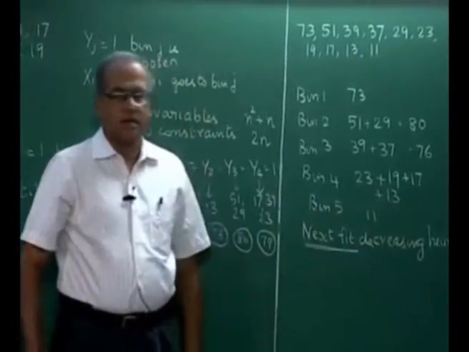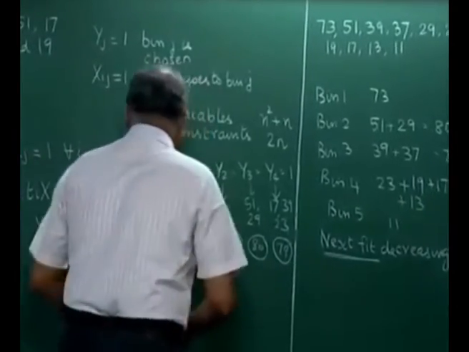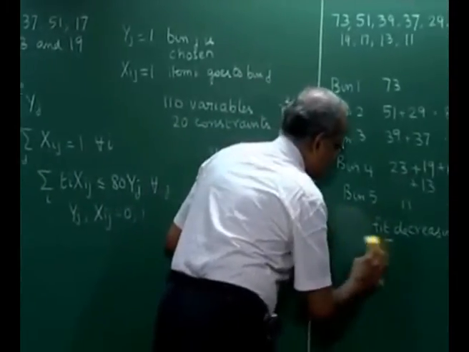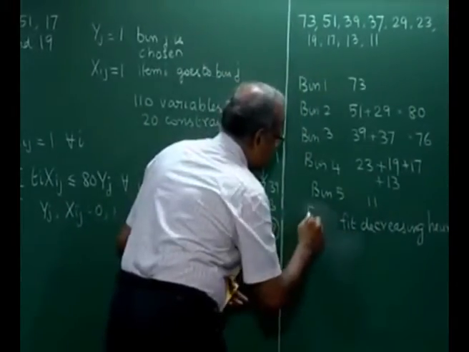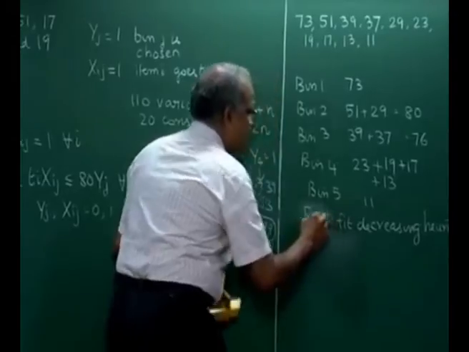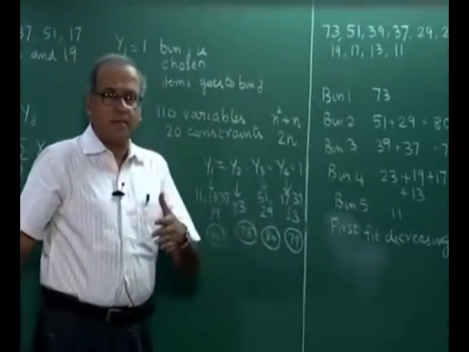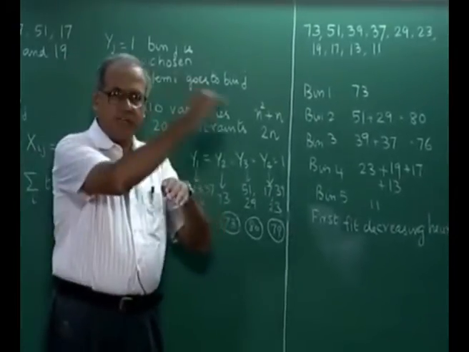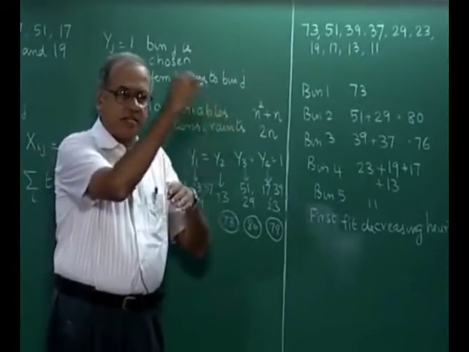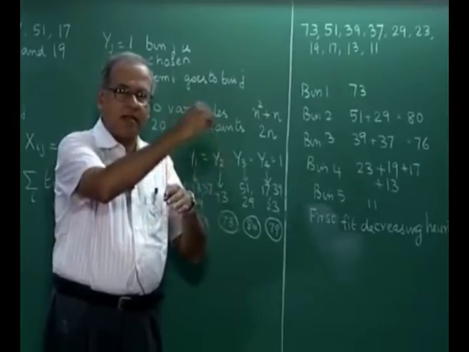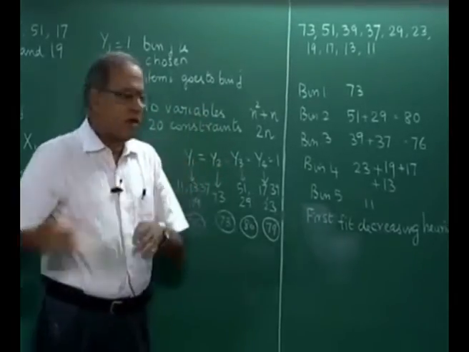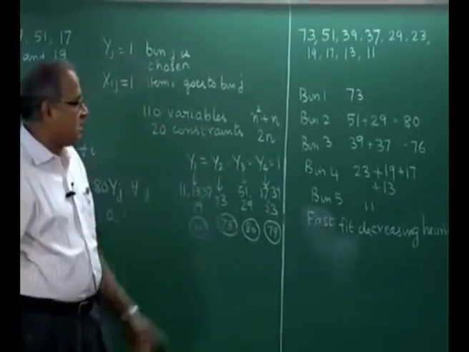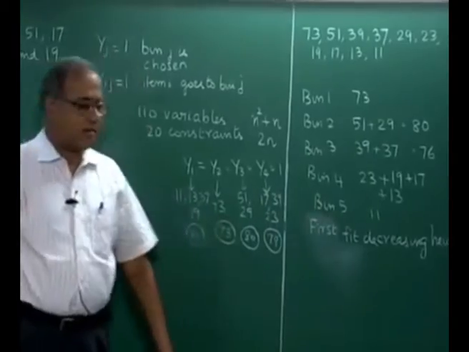In fact, this is called the first fit decreasing heuristic, which means every item we see, we take it, we see whether it will go to the first bin, if not we will see whether it will go to the next bin, and then the third, and so on. Whichever it fits first, it will be put there. So, it is called a first fit decreasing heuristic.